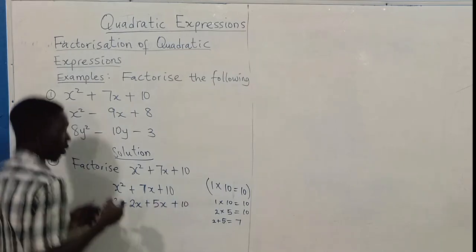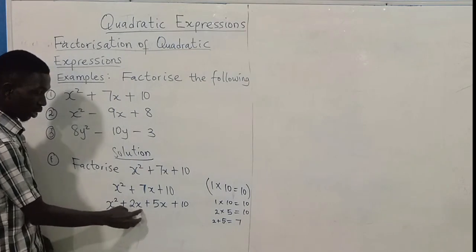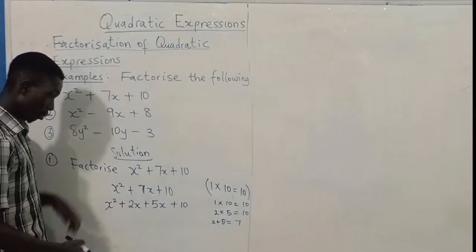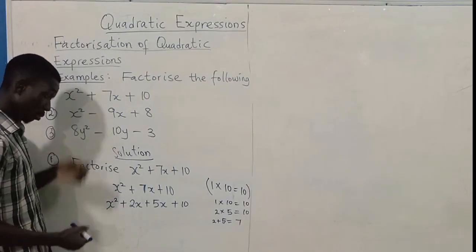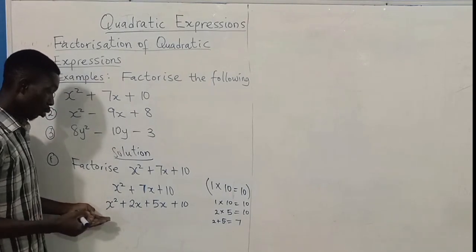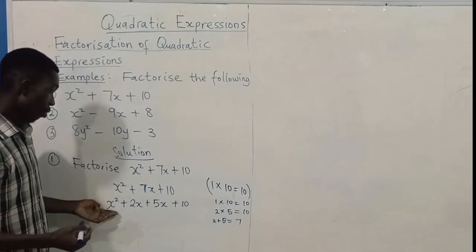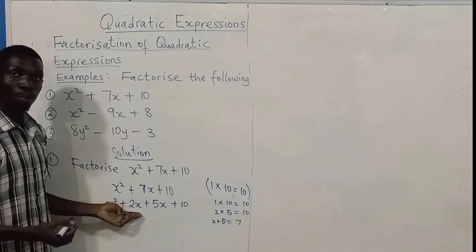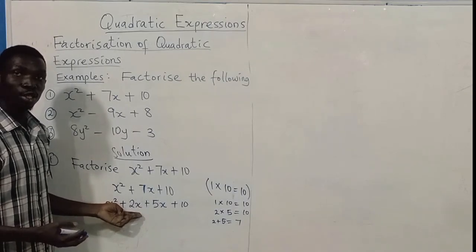This time we'll bring it back. So you see that 2x plus 5x gives us 7. I believe that is taken. So at this point, we'll do factorization by grouping.